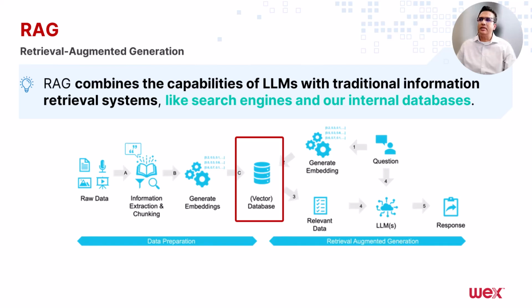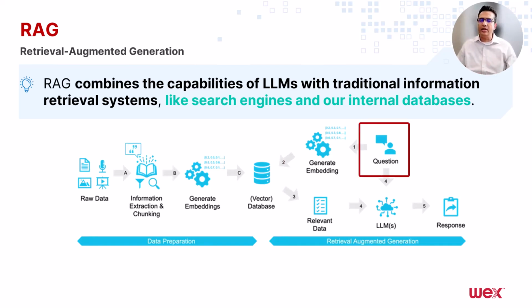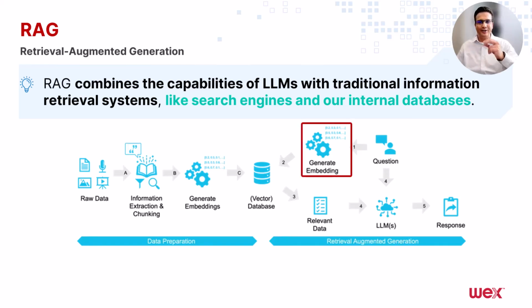Then what happens is, on the right side in retrieval augmented generation, let's say somebody asks a question to a chatbot, that question, say, is a prompt that goes, and then that question is also translated into the embeddings, which are vectors, the numbers, and then that information goes to the vector database.